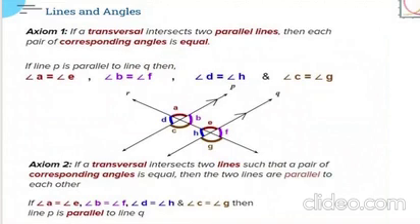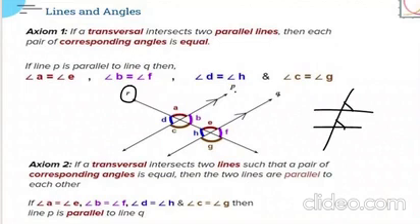So if I have two parallel lines, say P and Q, and R, the transversal, is intersecting, then these corresponding angles, all these angles which I'm marking here, are always equal to one another. So axiom 1 states that whenever a transversal is passing through two parallel lines, corresponding angles are always equal.